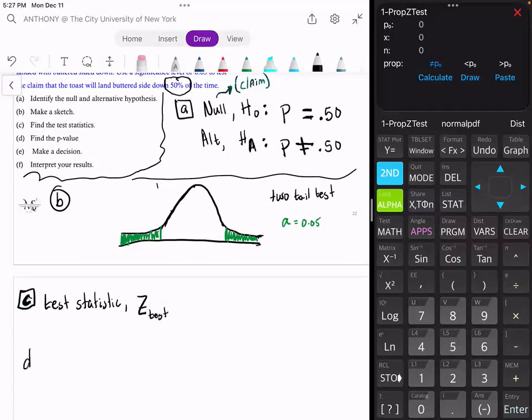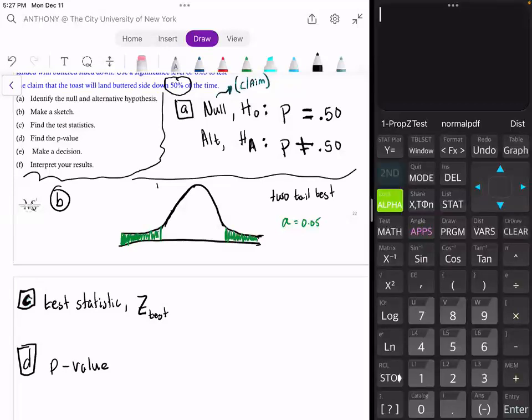Then for part D, we have the p-value that we have to find. The one proportion Z test gives us these values. The first thing that you have to enter is P0. On my screen to the right, I'm showing you how I got this.